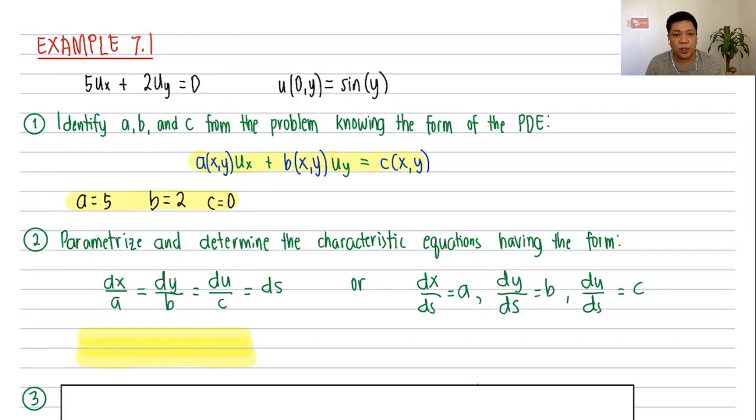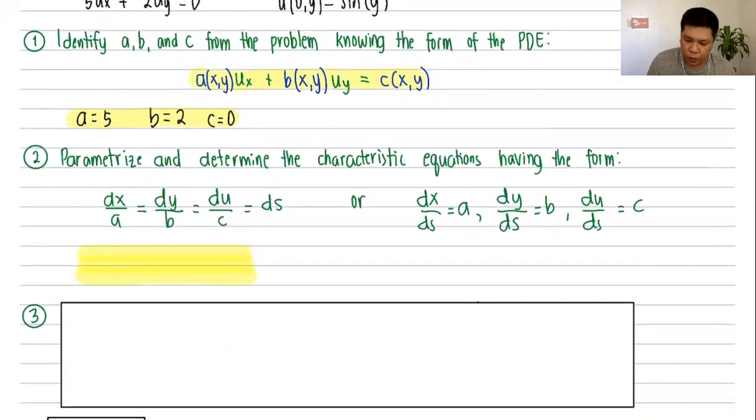Is that clear? Therefore, since all three terms are equal to ds, we can say that dx/A is equal to dy/B, which is also equal to du/C. Are we clear?